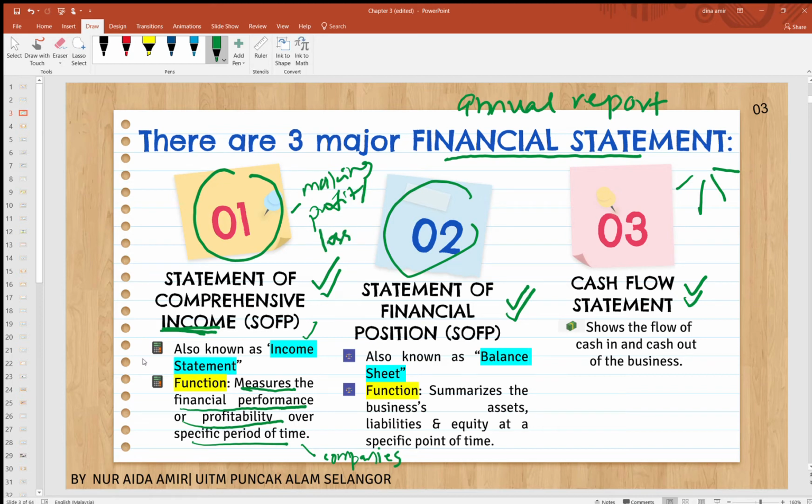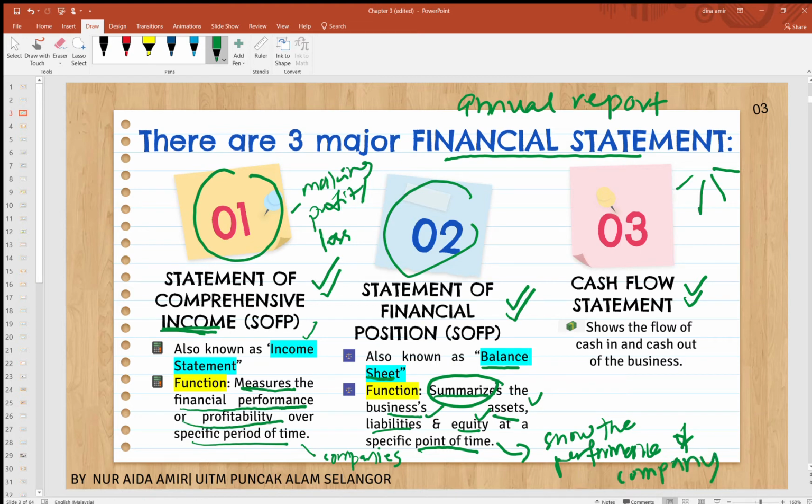While the statement of financial position, also called the balance sheet, is to summarize the business assets, liabilities and equities at a specific point of time, and show the performance of the company or business.